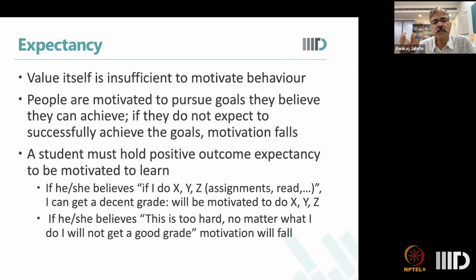If they do not expect to successfully achieve the goals, even though the goals may be of high value, the motivation can fall. Right? So the goal must be of high value, but the student must also believe that he or she can achieve them. So the student must hold a positive outcome expectancy to be motivated to learn.